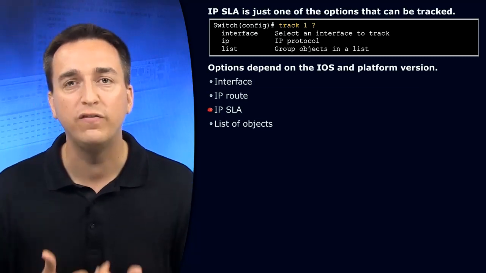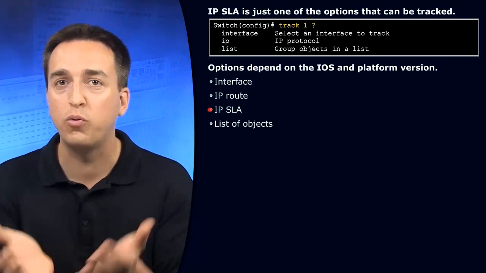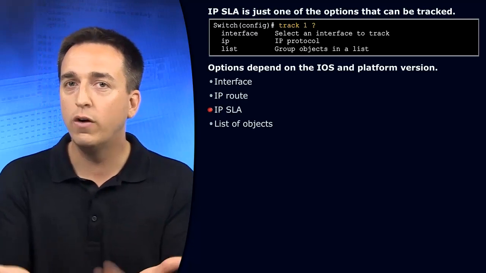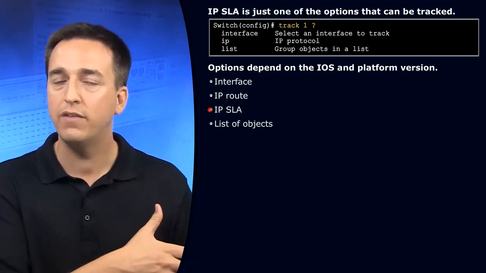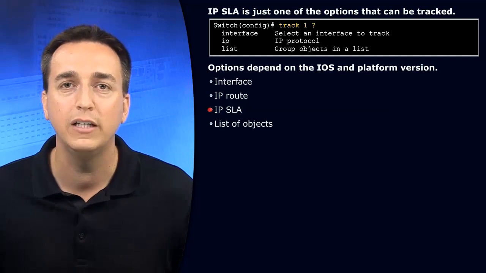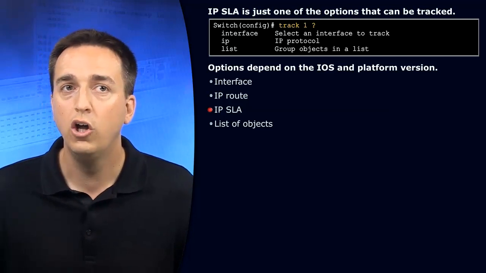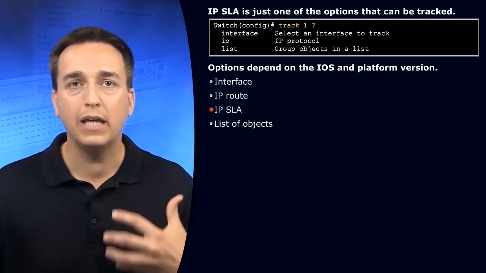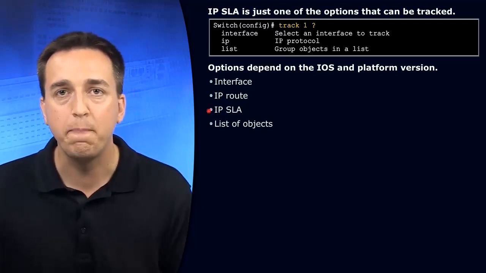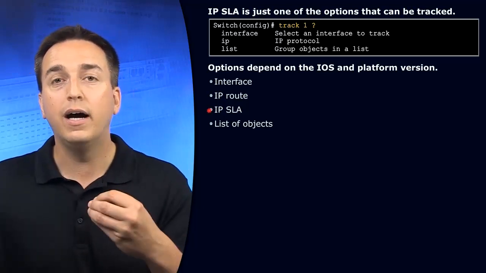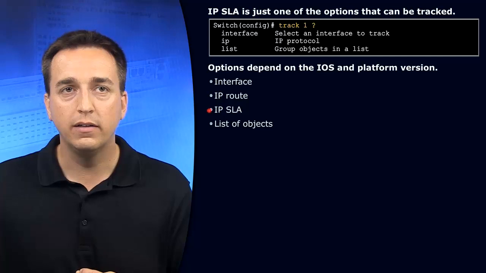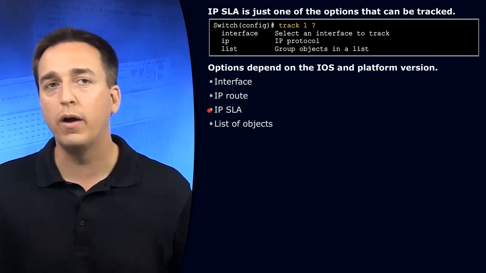But if the ping fails, you decrement your priority to a value less than the standby device, and then the standby device becomes the active forwarder. So the ping here in this case is what we're tracking. We are tracking the success of that ping. If it fails, then we can lower our priority.